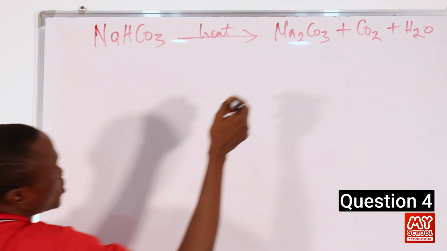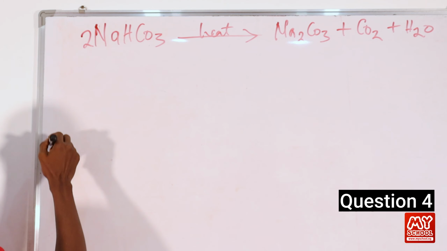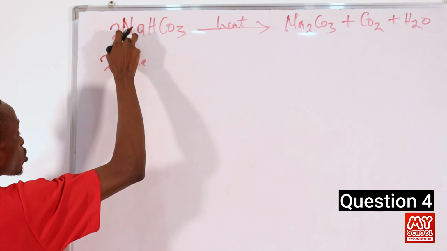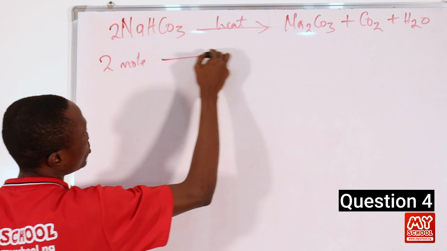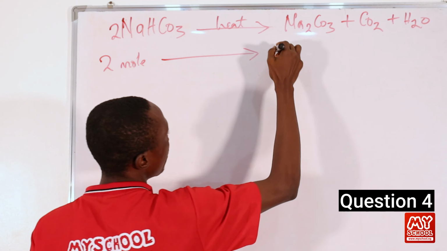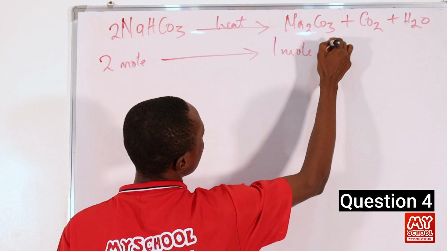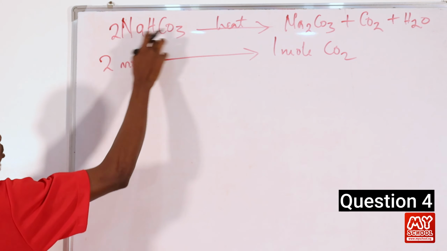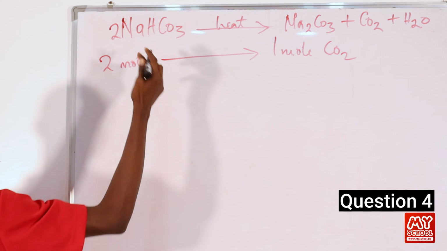Okay, so we need to balance up our equation by adding 2 here. So what this is showing us is that 2 mole of sodium hydrogen trioxocarbonate IV actually liberated 1 mole of CO2, right?